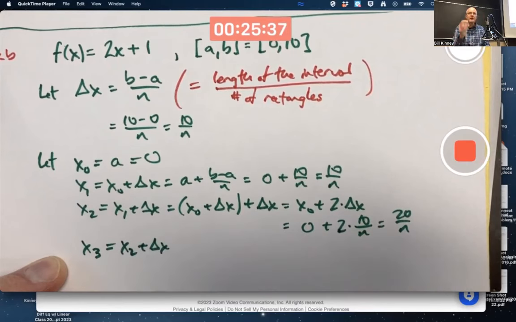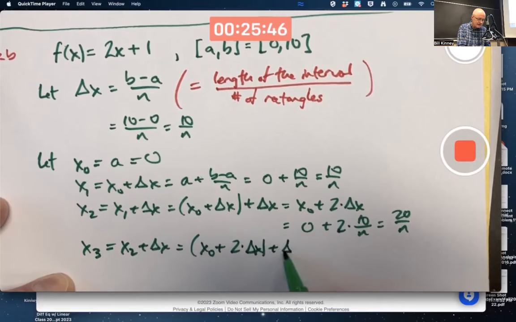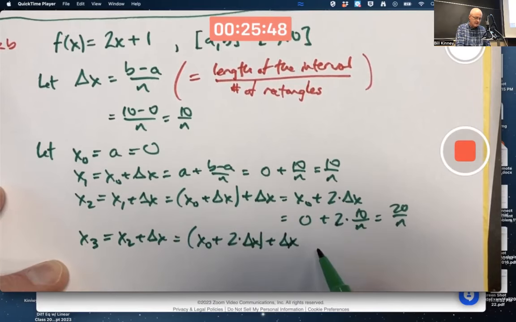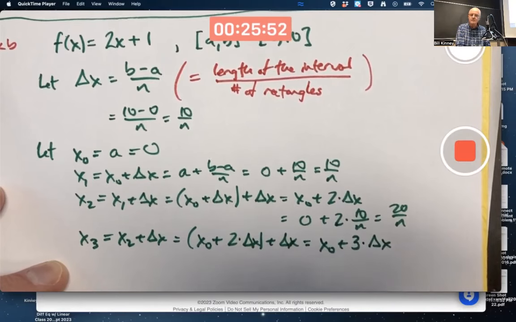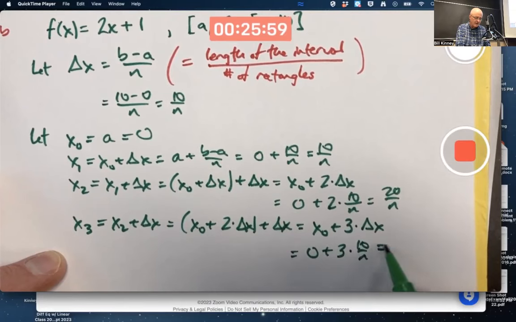I just keep moving to the right by delta x units. But x2 is x0 plus 2 times delta x. So this simplifies to x0 plus 3 times delta x in general. For our example, that's 0 plus 3 times 10 over n, 30 over n.